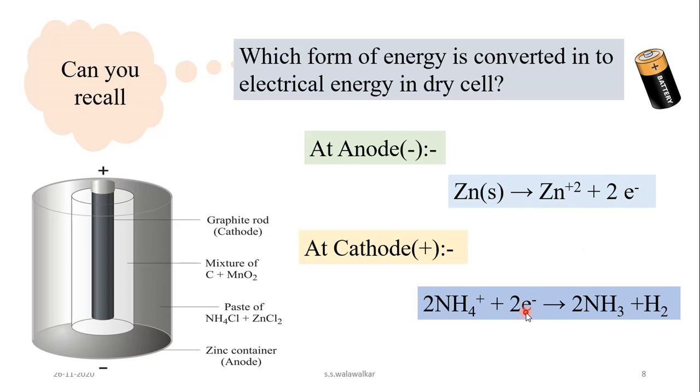Here there is loss of electrons and gain of electrons. So a redox reaction takes place, and that means what? Chemical energy, as these are chemicals associated with energy.